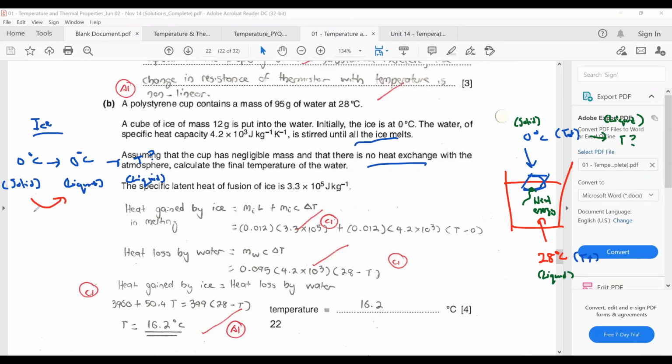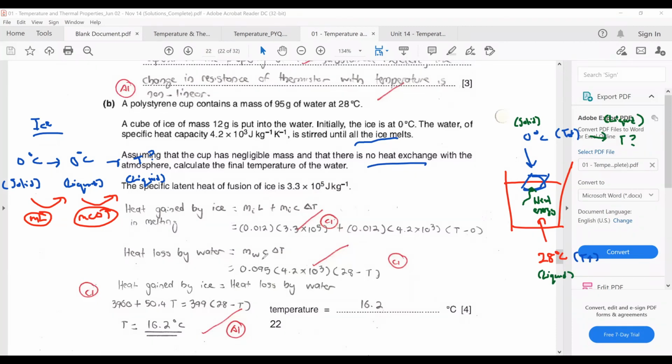Here to here is your mL, here to here is your mc delta theta. So the heat gain by your ice from melting would be this plus this. The heat loss by water will just be mc delta theta itself. So you just sum in the values that you have and you will get your answer.